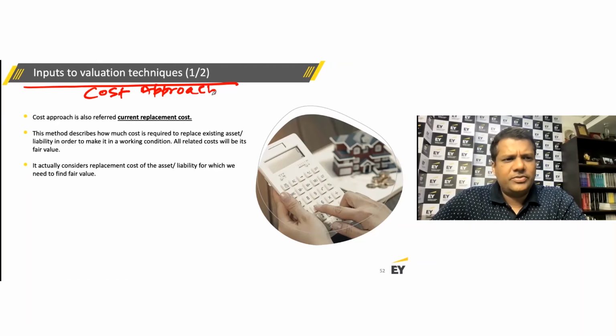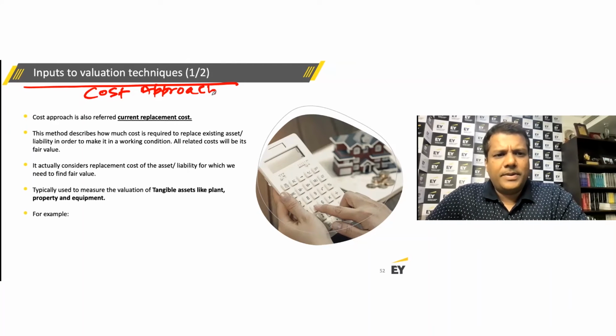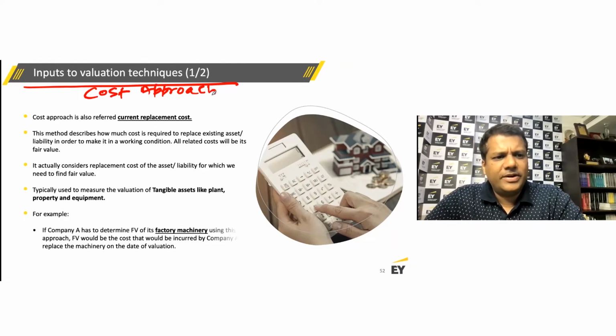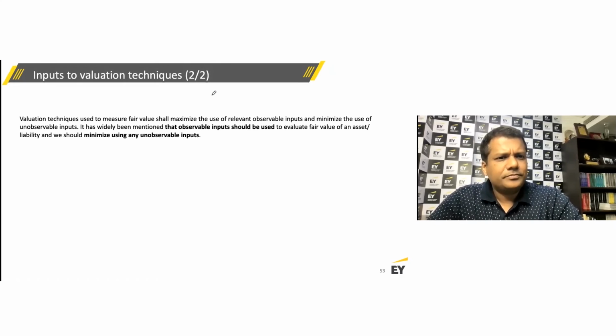All related costs will also be at fair value. It applies to assets for which we need to find fair value, like property, plant and equipment. For example, if company A has to determine the fair value of its factory machinery using this approach, fair value would be the cost that would be incurred by company A to replace the machinery on the date of valuation.